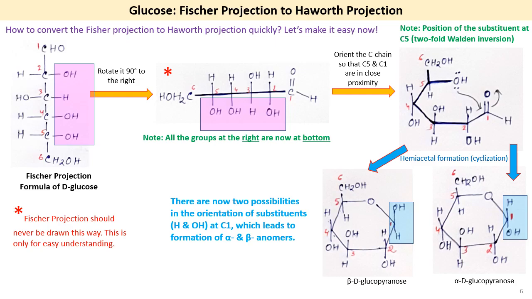But all the groups that were at the bottom are still at the bottom, and even when you perform the cyclization, the placement of the groups at the bottom are still continuing. So there is no change. Only crucial step is the rotation and orientation of this carbon chain. Okay. So practice this once or twice, you will get it.